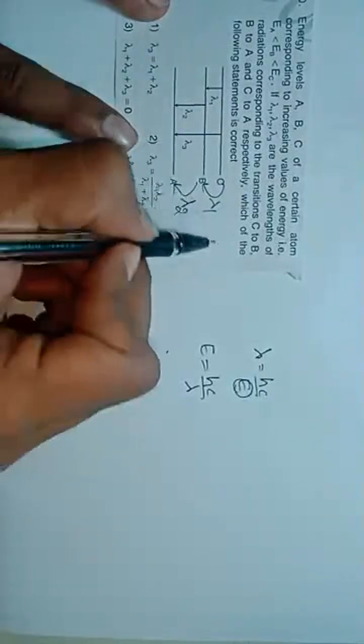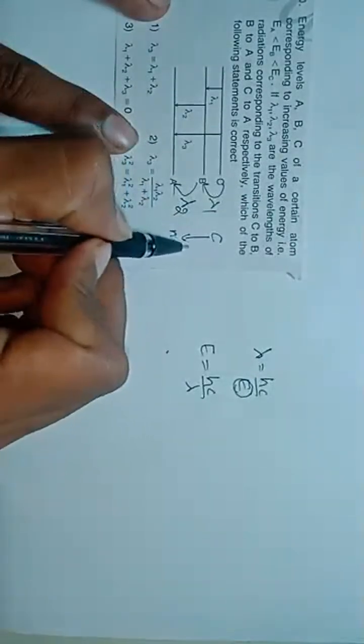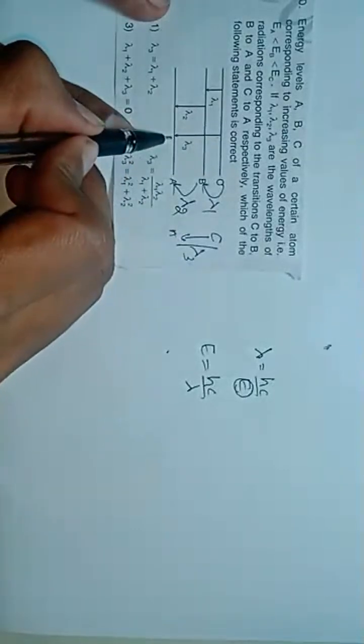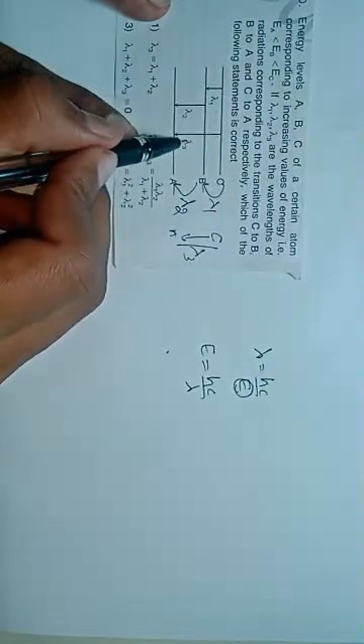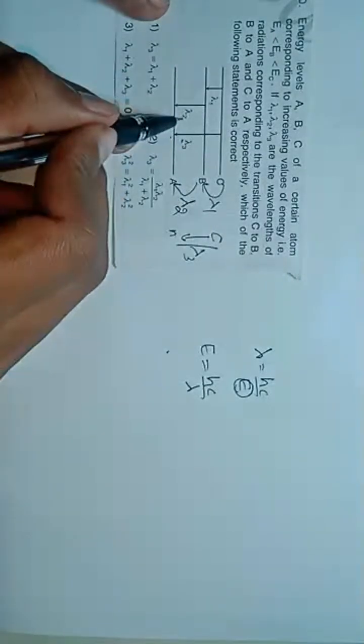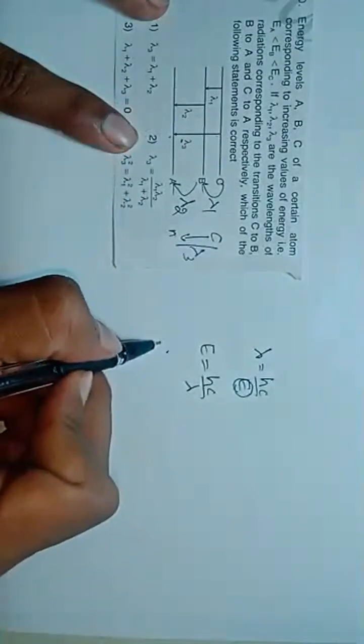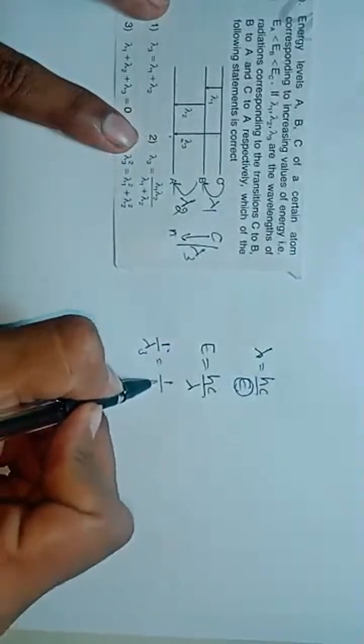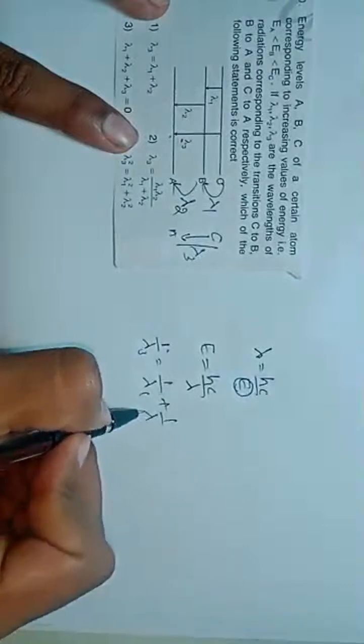From C to A, directly, it is lambda 3. So we can get the lambda 3 relation in terms of lambda 1 and lambda 2. So 1 by lambda 3 is equal to 1 by lambda 1 plus 1 by lambda 2.